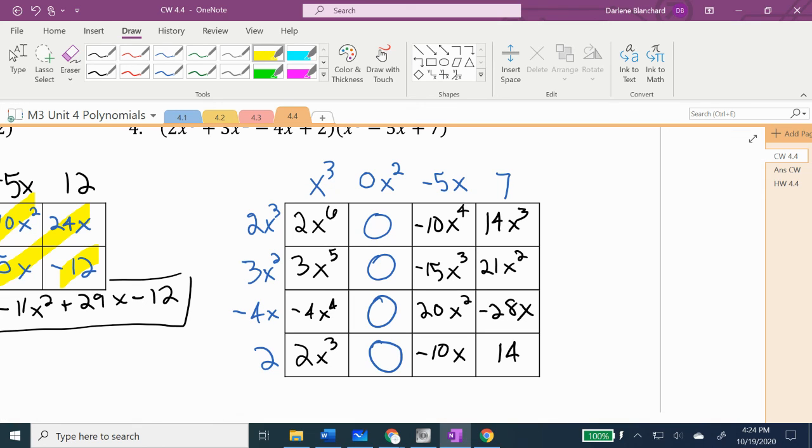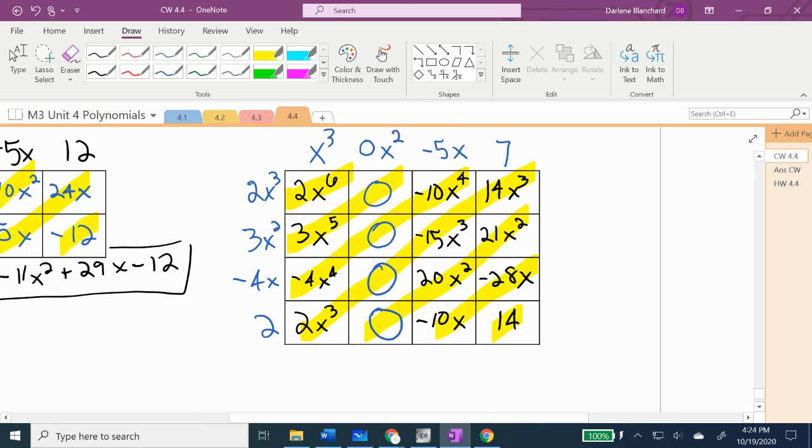And now I can add my diagonals, my x to the 6th diagonal, my x to the 5th diagonal, my x to the 4th, my x cubes, my x squared, my x's, and then my lone constant. And that gives me 2x to the power of 6 plus, for my 5's, I only have 3x to the 5th. For my 4 power, I have a negative 4 and a negative 10, giving me negative 14 of the x to the 4ths.